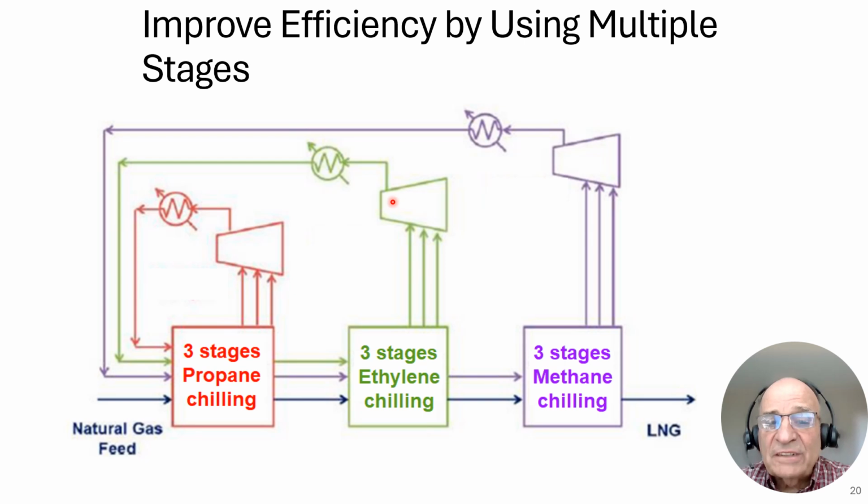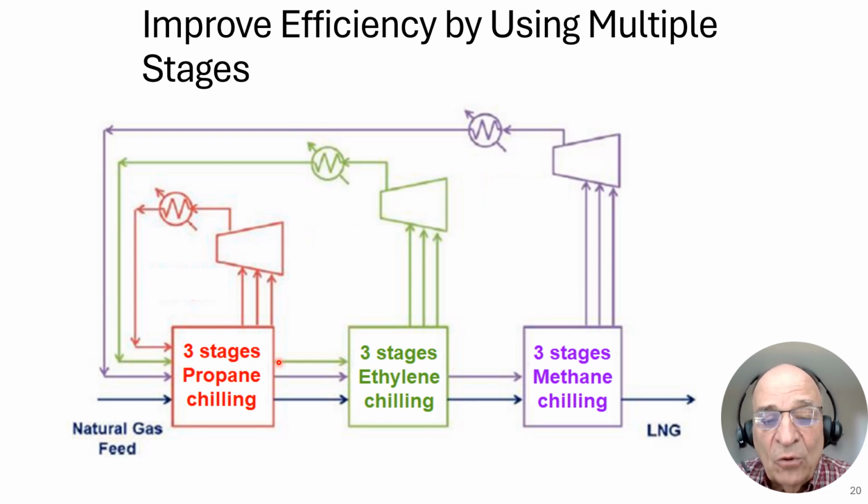This compressor has three stages of compression, and it goes into an aftercooler, dumps heat to the atmosphere, then goes into this chiller. And in this chiller, it's chilled down against this first stage of refrigeration, second stage of refrigeration, and third stage of refrigeration. That's happening in this box.